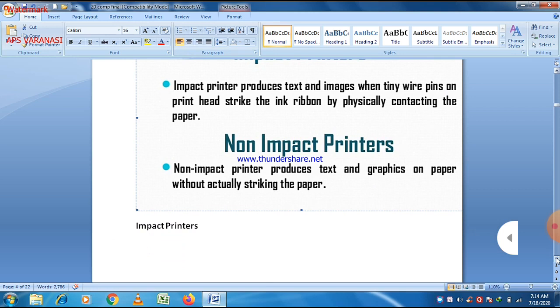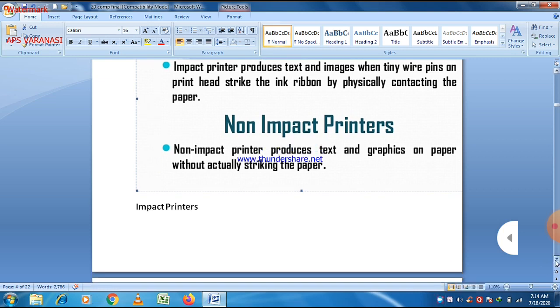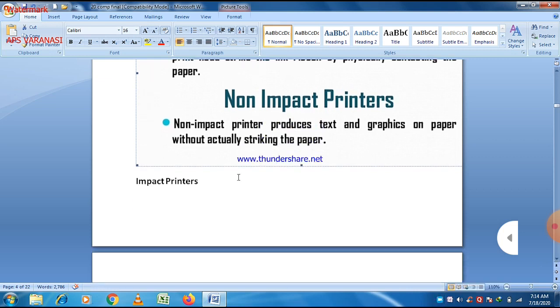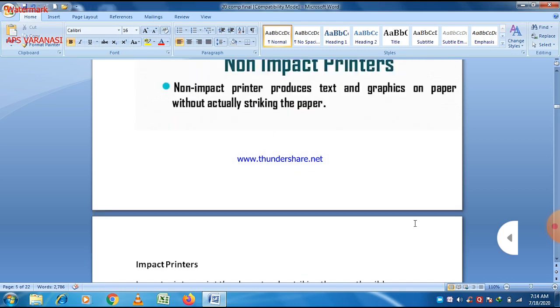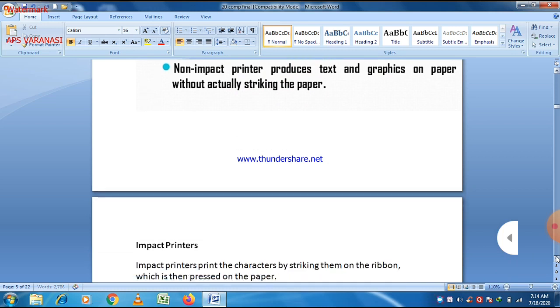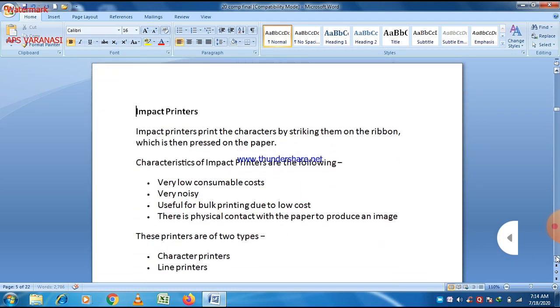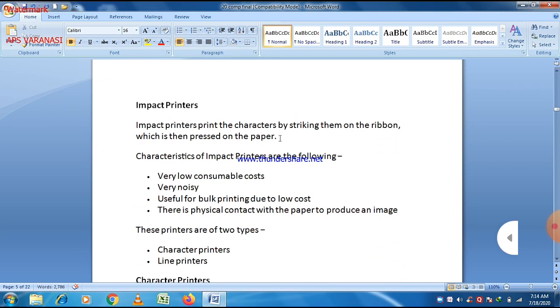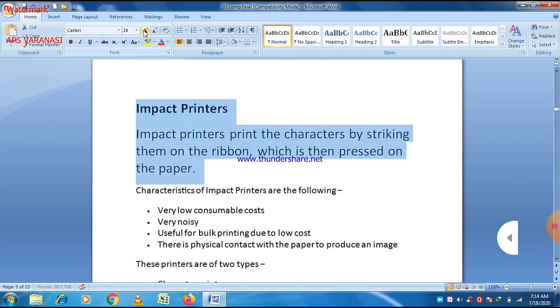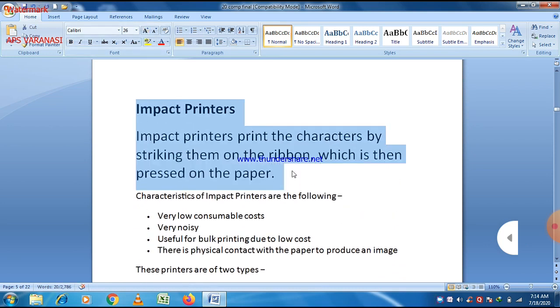You can easily understand the impact printer through the example of a typewriter. As a typewriter works and creates an impact on paper, in such a manner an impact printer also creates impact on paper, but a non-impact printer does not create any type of impact on paper. That is the main difference between impact printer and non-impact printer. Now, impact printers have some characteristics. As we know, an impact printer prints the character by striking them on the ribbon, which is then pressed on the paper.